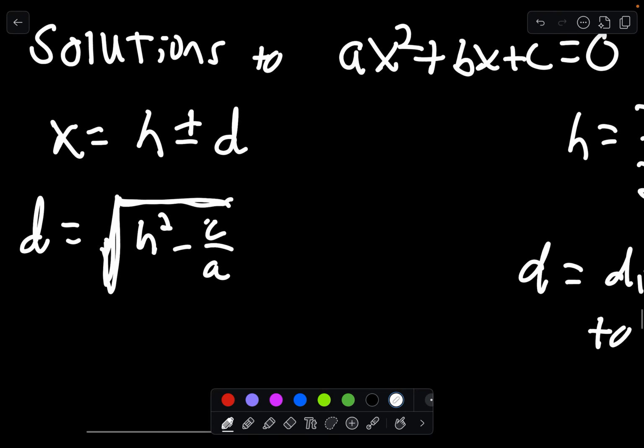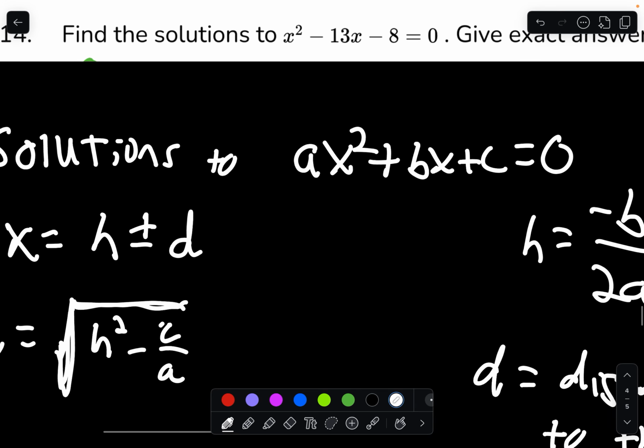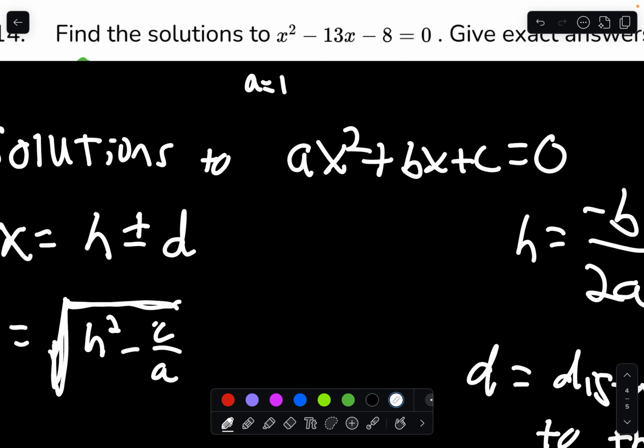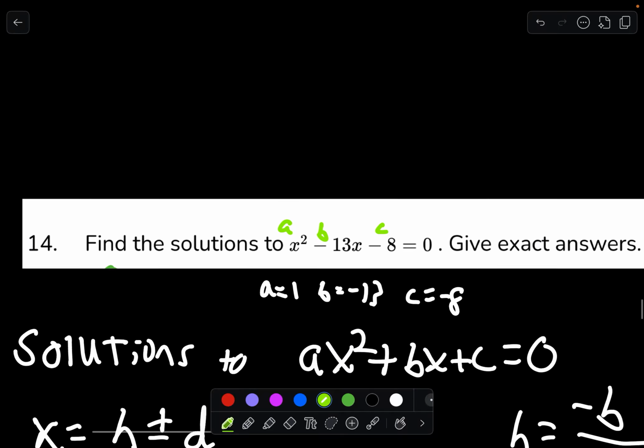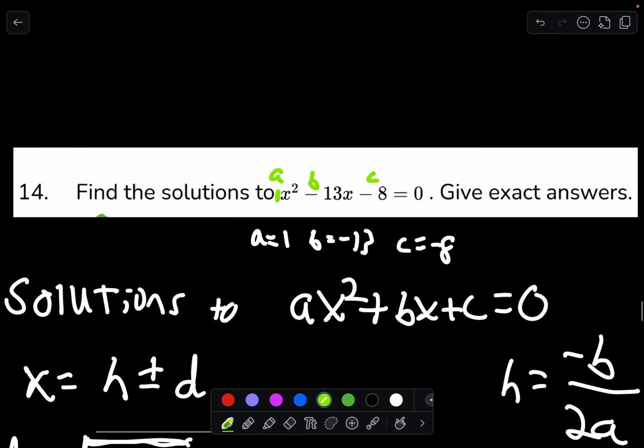So, to solve this question, a equals 1, b equals negative 13, and c equals negative 8. Again, a, b, c are the numbers in front. That is why a is 1, because there's no number shown here, so you know there's a 1 right there.